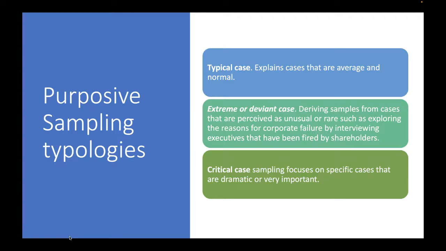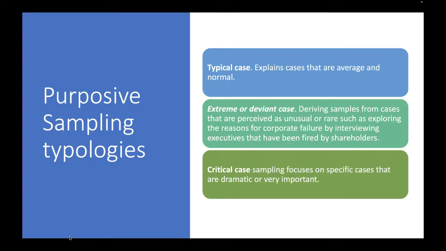That's a typical case purposive sampling. But sometimes people will say, no, I actually want prisoners, but I want those who are extreme cases or deviant cases. So I don't want a prisoner who is the same and does everything. I want those who are extreme because they're extremely good. They're untypical.